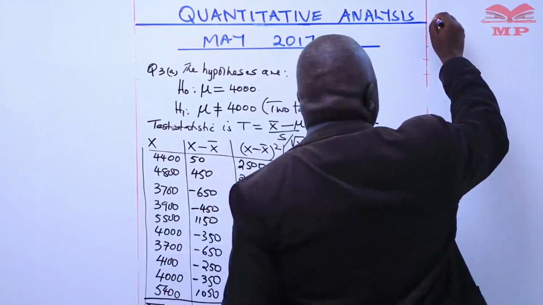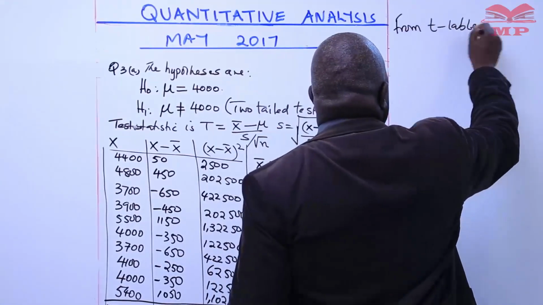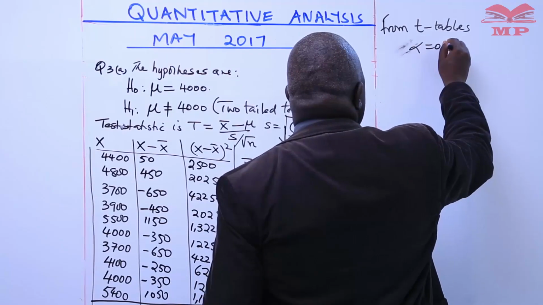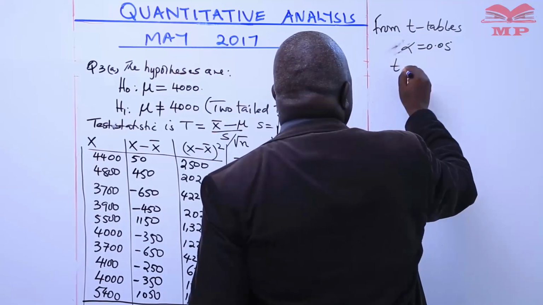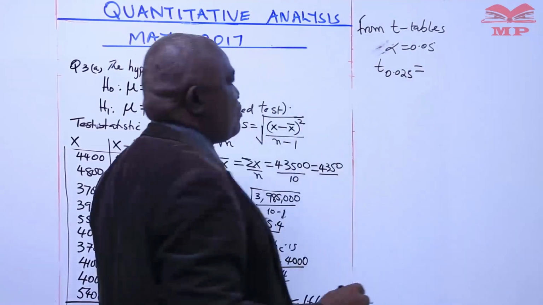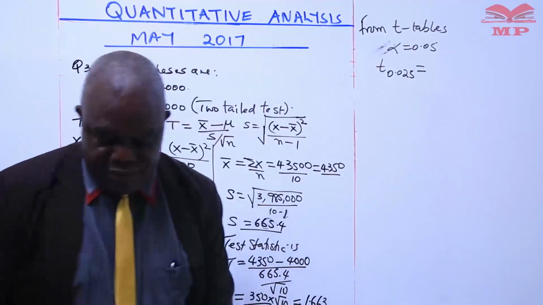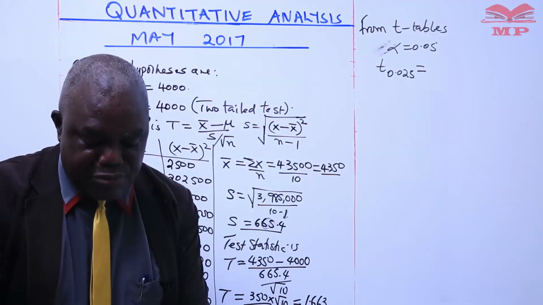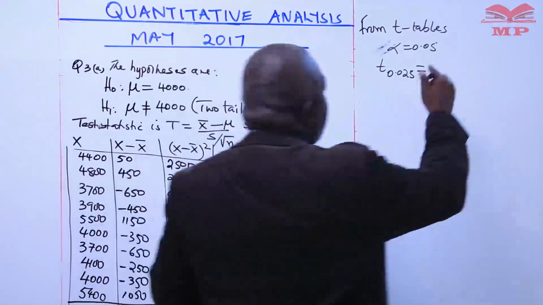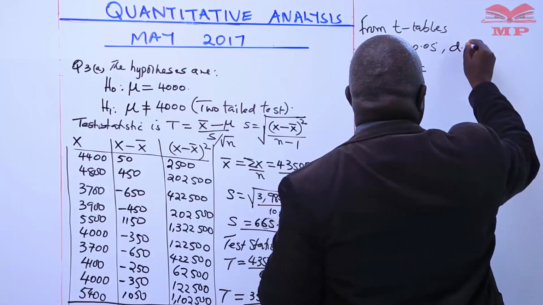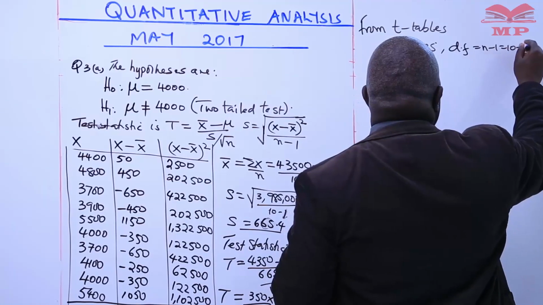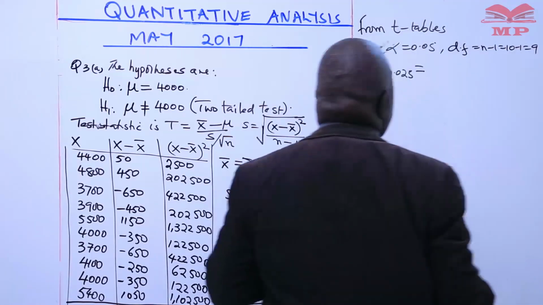So from T tables, alpha is 0.05, so we use T of 0.025, because we take half of it. First of all, degrees of freedom is N minus 1, which is 10 minus 1, that is 9.